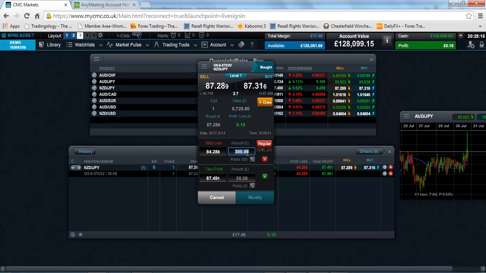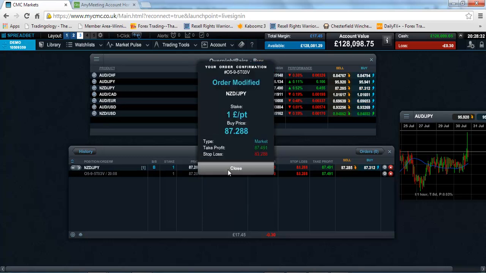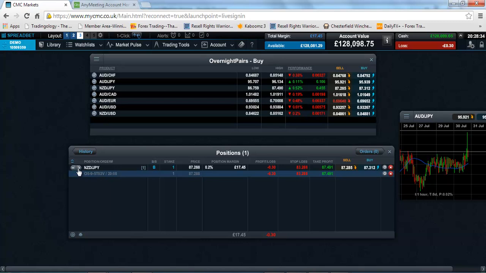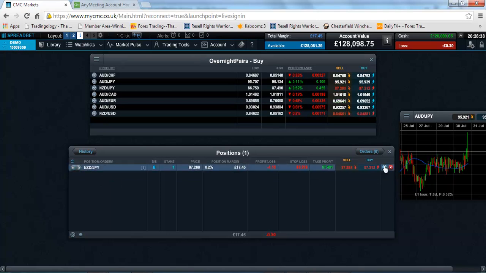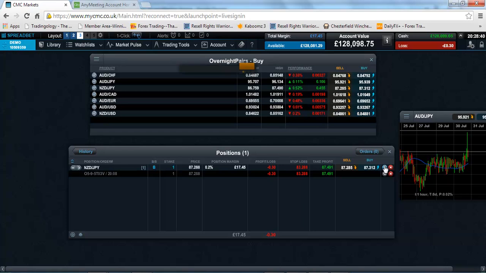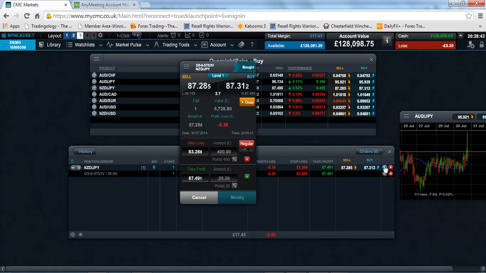Remember, it's only the amount we are modifying. So you highlight the stop loss amount, and then you type in, let's say 400, and then click on modify. You click on modify again, and your job is done. It has modified for you. Again, if you go back to check, you can see that the stop loss amount has been modified to 400 pounds now.